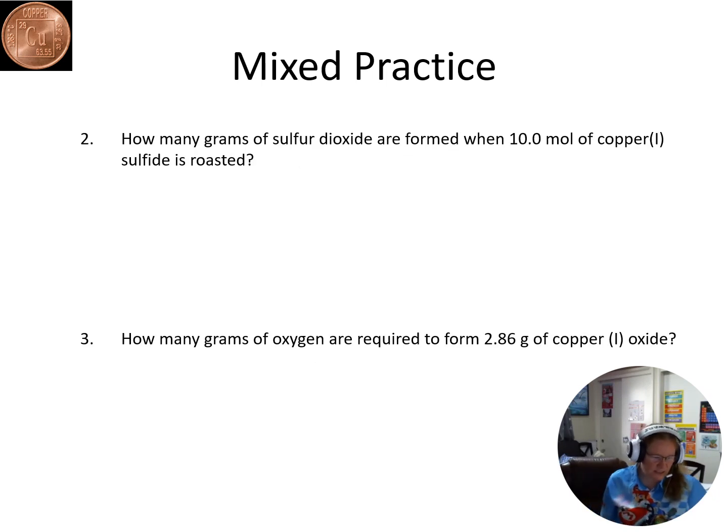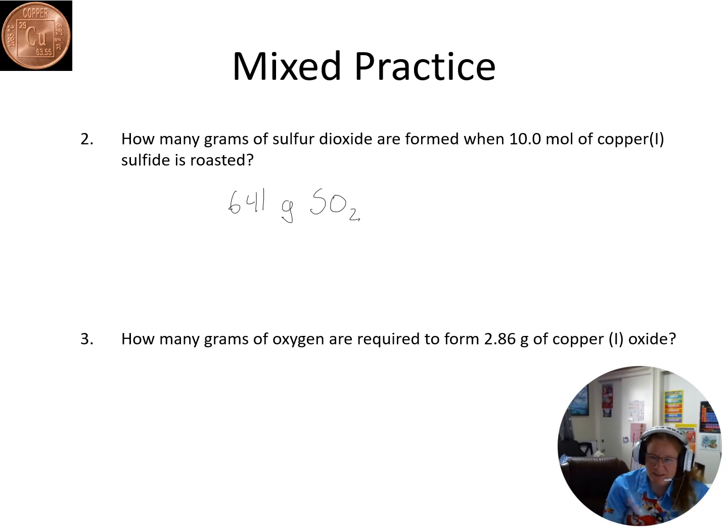Same balanced equation. So this next one, you're looking at moles of copper 1 sulfide. You end up with some sulfur dioxide. So this one's a moles over to moles and then over to grams. And you should get 641 grams of sulfur dioxide.